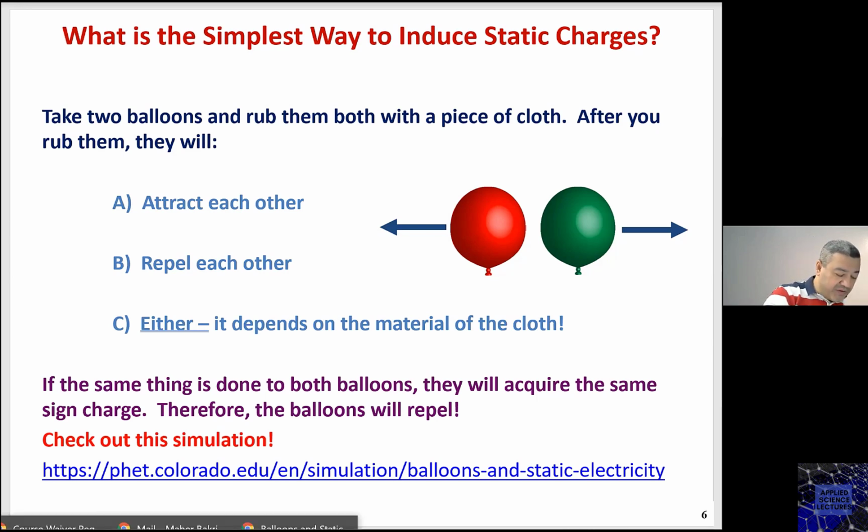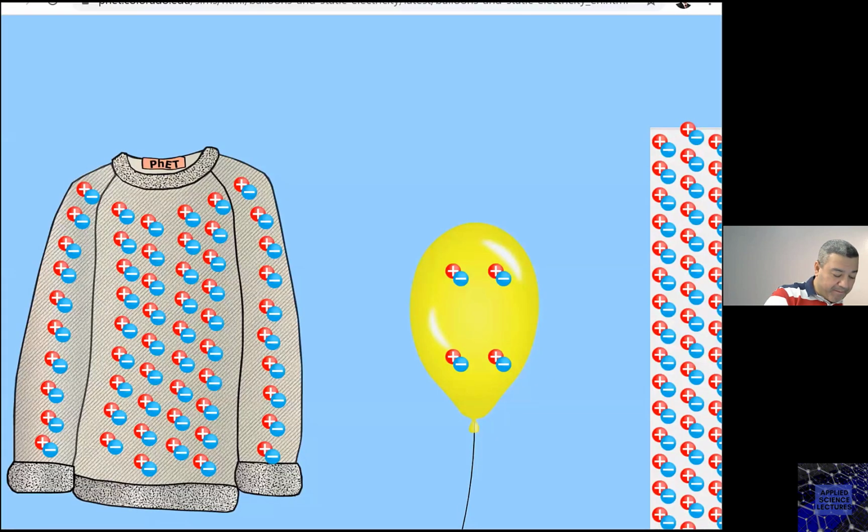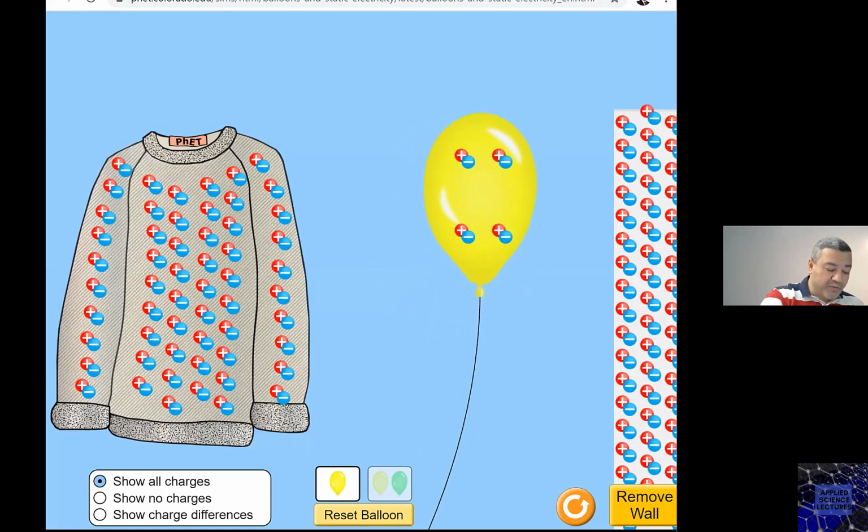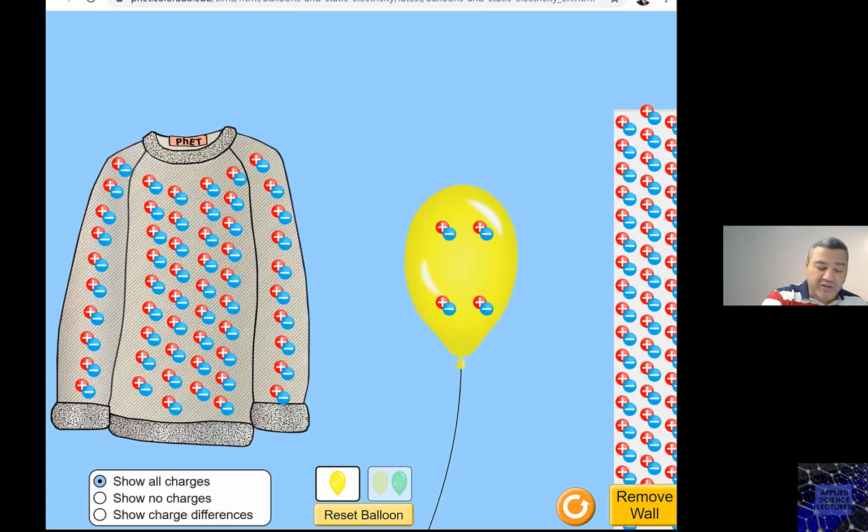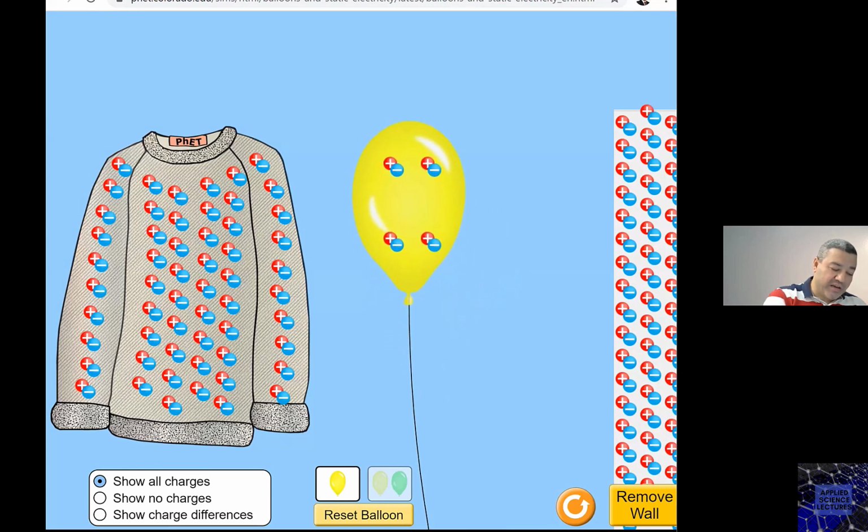Now let's look at this simulation that I included the link for here for you to try. If we have this balloon, as you can see, it has negative charges equal to positive charges, so it's electrically neutral. However, if I bring this balloon, as you can see, wherever I put the balloon it stays in its place.